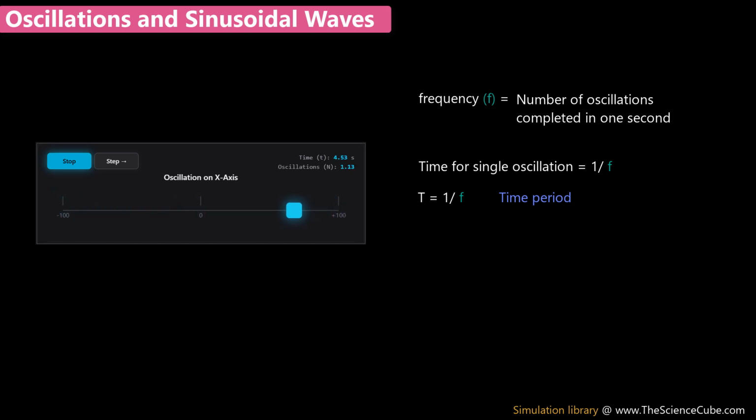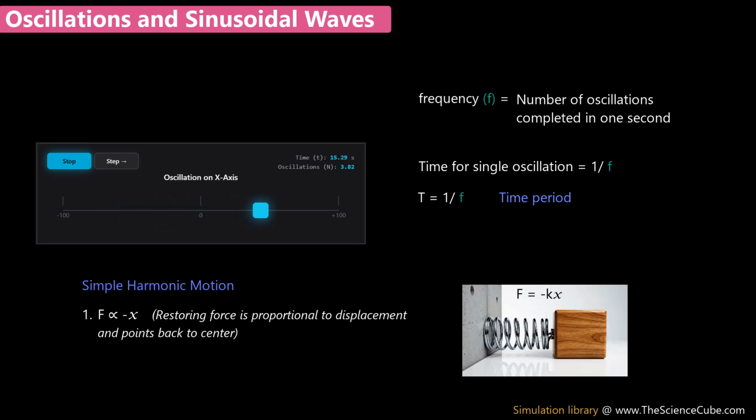Now we have a simple definition for periodic motion, that is, any motion that repeats at regular intervals is periodic motion. Now, in this lesson, we want to focus on a particular type of periodic motion called simple harmonic motion, where the condition is that the restoring force, or the force that tends to bring the mass back to its equilibrium position, is proportional to displacement.